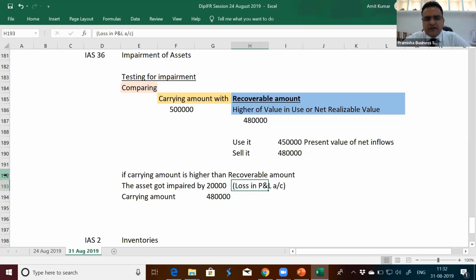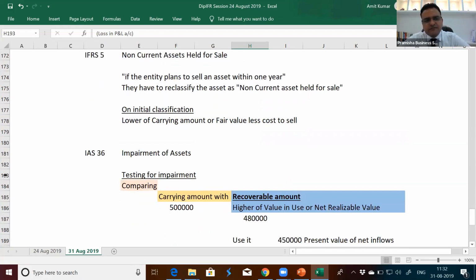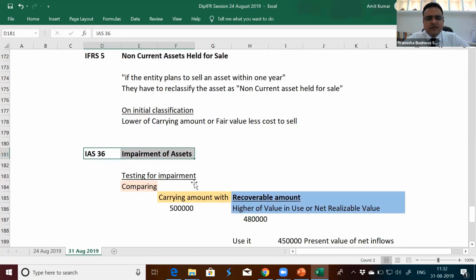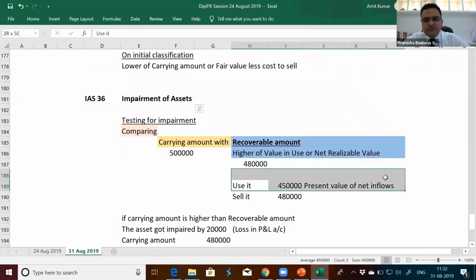Why I highlighted this while I was talking about IFRS 5, because if you notice now, IFRS 5, non-current asset held for sale. What if we plan to sell any asset within 1 year? What will be the recoverable amount? If we plan to sell, there is no use. If there is no use, what is left? You're left with only net realizable value in the recoverable amount column.